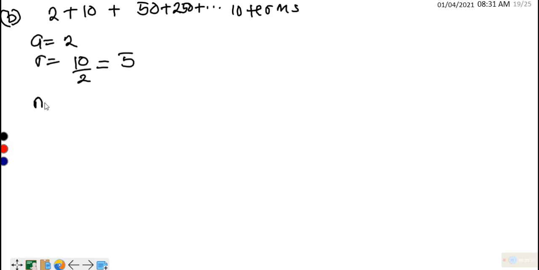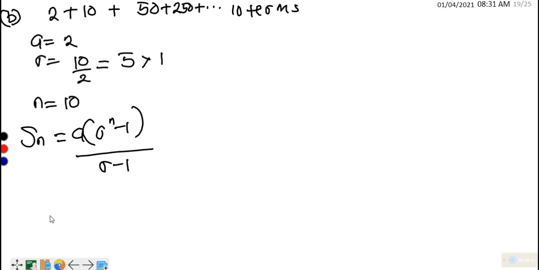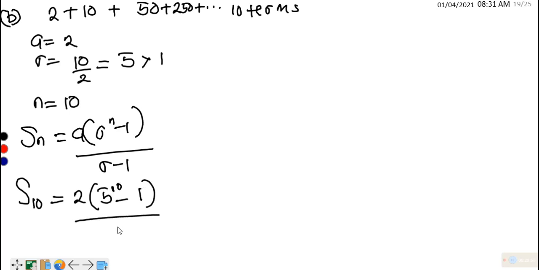The number of terms we are considering is 10, and of course r is greater than 1, so we use the second formula, A into r raised to power n minus 1 all over r minus 1. So that means S10 equals A, which is 2, multiplied by 5 raised to power 10 minus 1 over 5 minus 1.